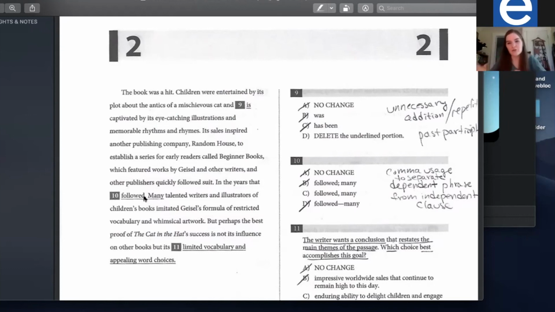That's introducing information, so there should be a comma there instead of a period. And you can tell this is a punctuation question because all of the answer choices include some form of punctuation. Does that make sense?